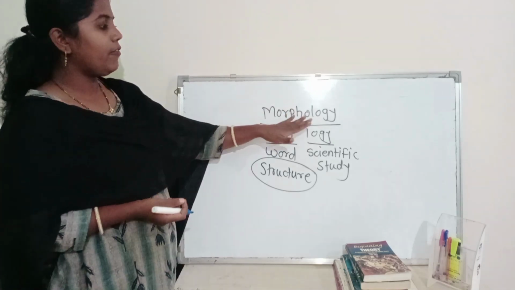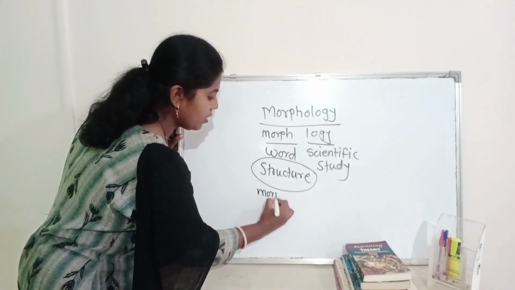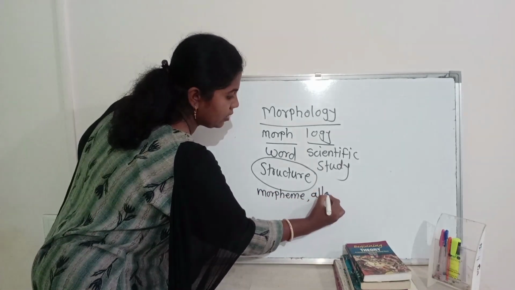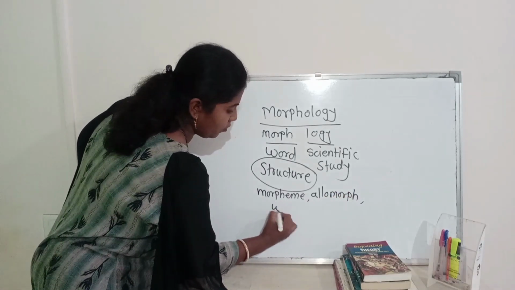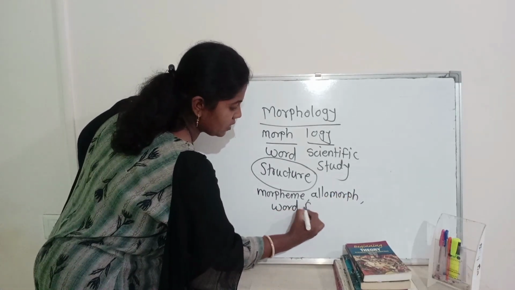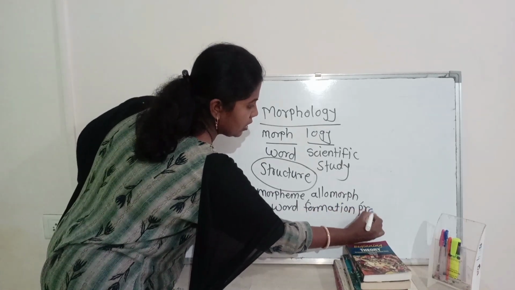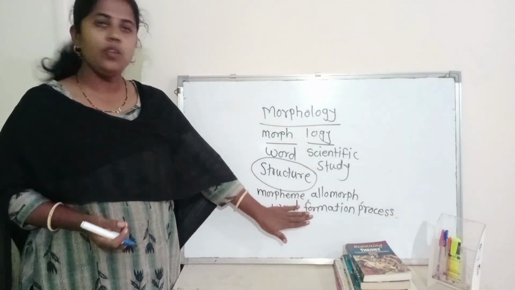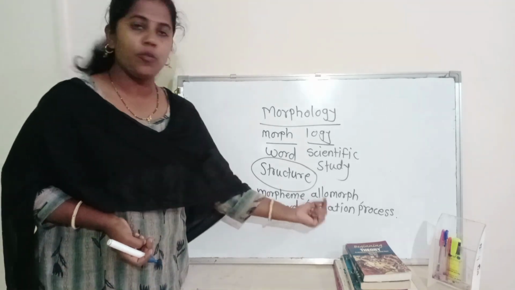So this morphology deals with, first thing, morpheme, and then allomorph, and the third thing is the word formation process. Okay, these three things are very important in morphology. And the last one is the word formation process.